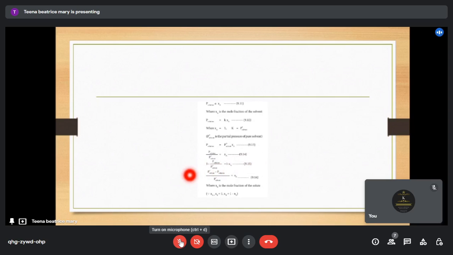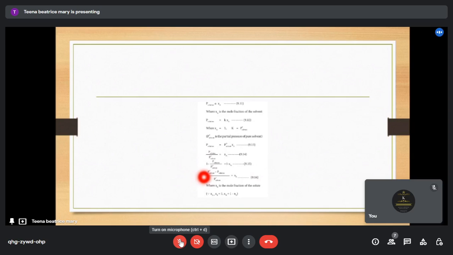What is XB? That is the mole fraction of the solute. Again, you can see the mole fraction depends upon the P naught solvent. So P naught solvent minus P solution divided by P naught solvent is equal to XB.